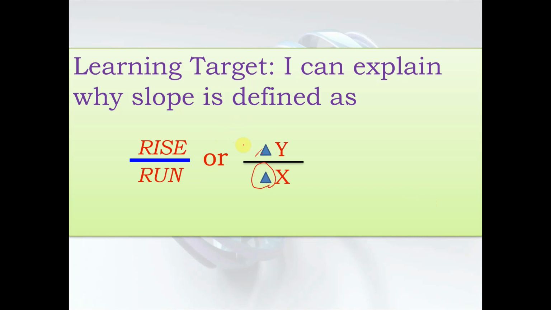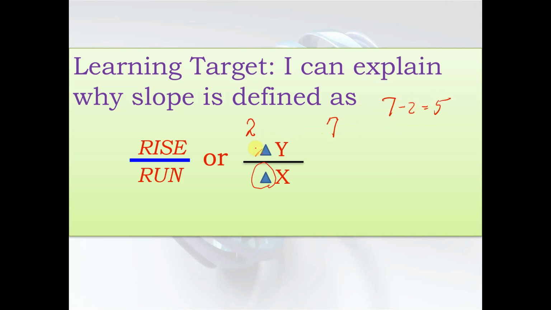delta x. In math, when you see delta, this little triangle, that usually means the change of values. For example, you have a number 2 that increases to 7. So the change of these two numbers is an increase of 5. So 7 minus 2 equals 5.